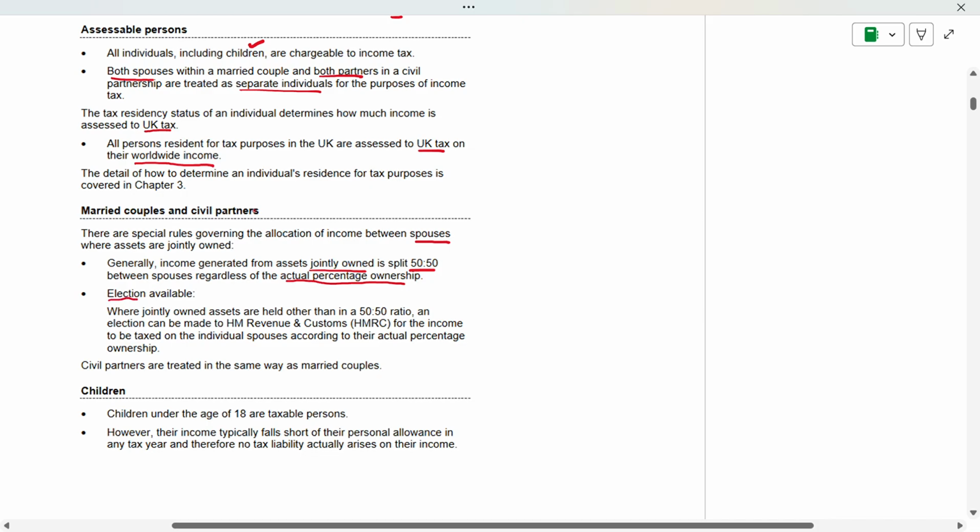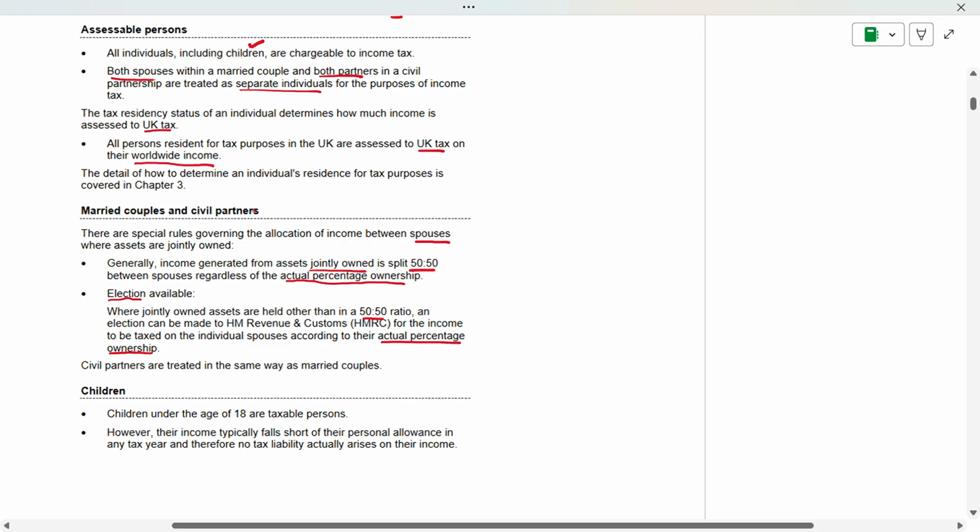Election means you have the option to select. Where jointly owned assets are held in a 50-50 ratio, elections can be made. That means you have the option to select for the income to be taxed on individuals according to their actual percentage ownership.